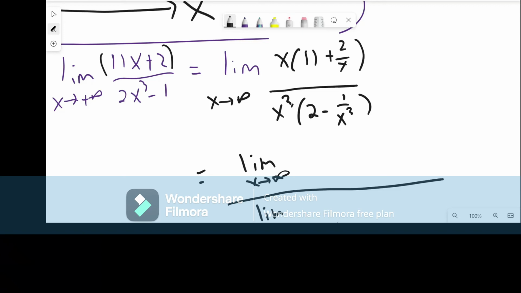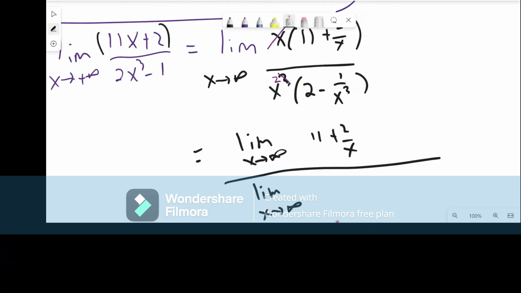Here x is a factor that can be canceled off, and when canceled you have a factor of x squared downstairs. So the numerator is left with 11 plus 2 over x, whereas the denominator is left as x squared times 2 minus 1 over x cubed.